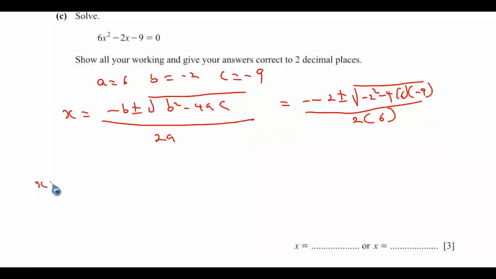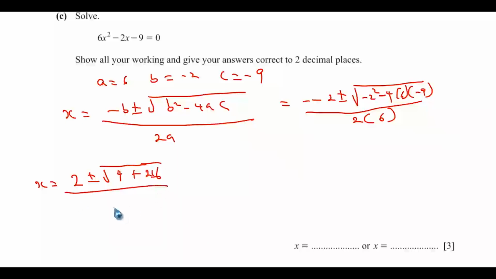I can write x equals plus 2 plus or minus square root of, we can simplify this. So this will give us 4, because negative 2 squared is 4. Then minus 4 times 6 times negative 9 will be positive, so it will give you 216, the product of the three numbers.